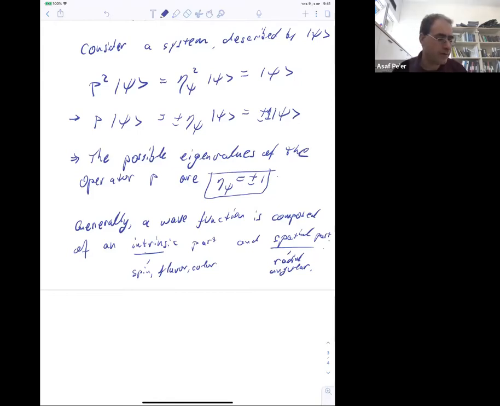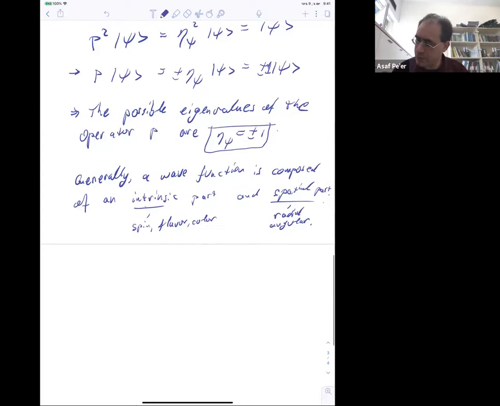Okay, so we can often write, not always, well, we can always do that, it's not often useful, we can often write the spatial part in terms of spherical harmonics.